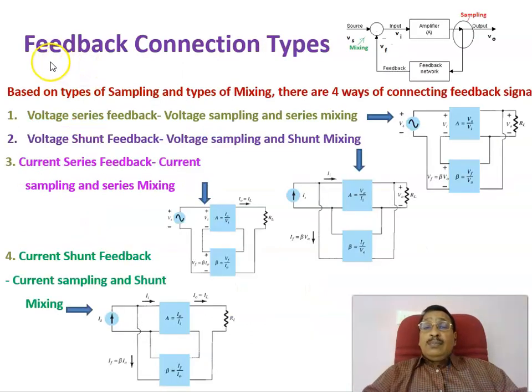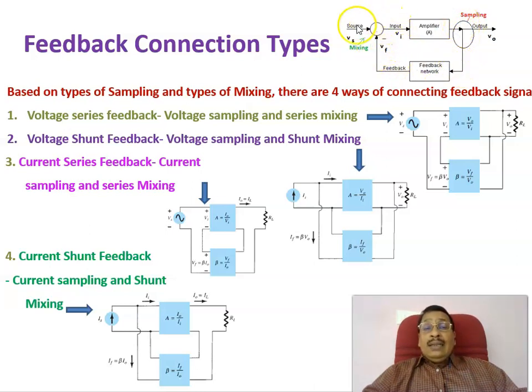Now let us see the feedback connection types. Based on the type of sampling and the type of mixing, this is called sampling and this is called mixing. Either you can sample voltage or you can sample current from the output.